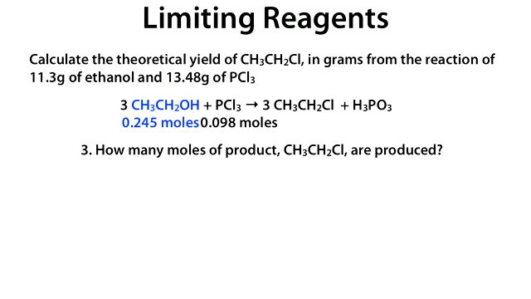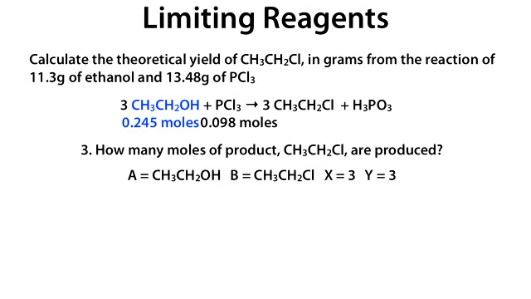Step 3. How many moles of product, or in this case, how many moles of CH3CH2Cl are produced? Since we have moles of ethanol, and we're looking for moles of CH3CH2Cl, A is ethanol, and B is CH3CH2Cl.